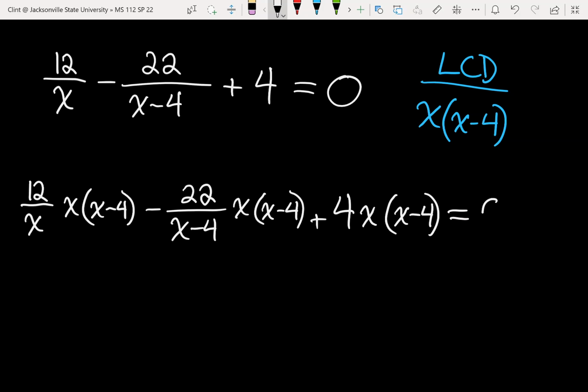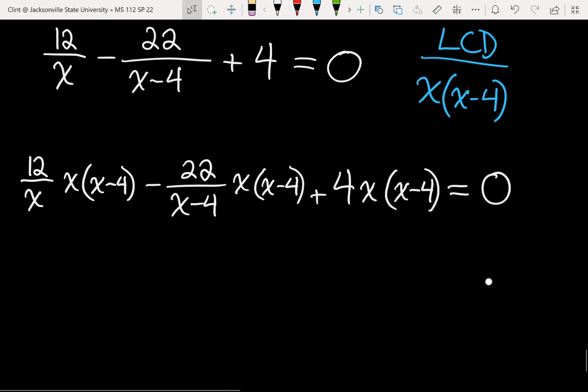Since the other side is 0, I'm not going to write down times the LCD. It'll be 0. And then we get to see what all cancels.